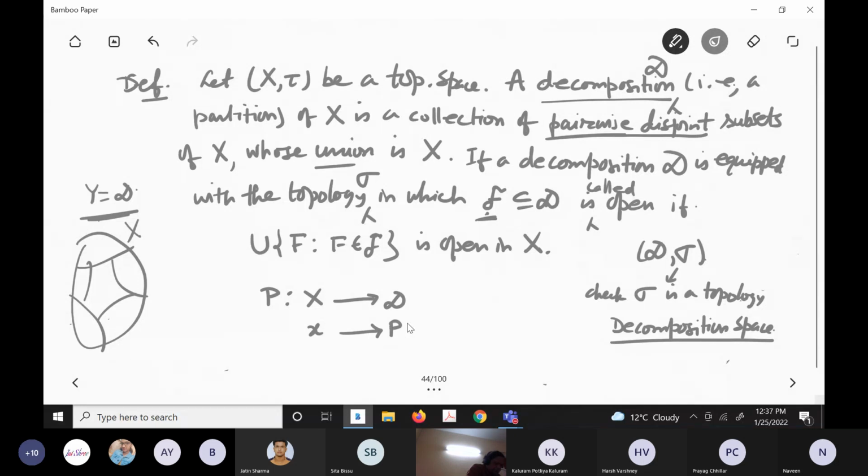Px will be the equivalence class containing X. Or more precisely, I have not talked about equivalence class yet here, but that means the set in D which contains X, the point in X. So by this map, basically, I can write this way.